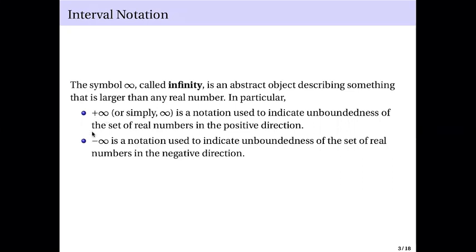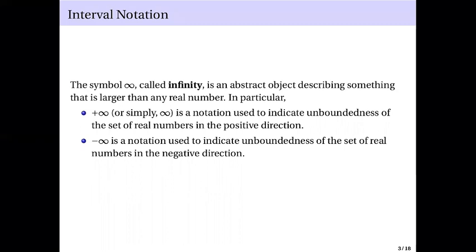And of course, if we put minus, this denotes negative infinity, or it indicates the unboundedness of the set of real numbers in the negative direction. Intuitively, positive infinity is some very, very large positive number, and negative infinity is a very, very large negative number.